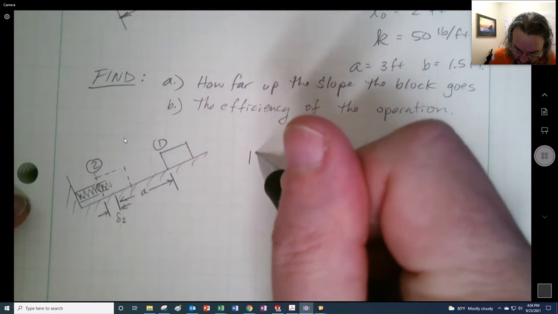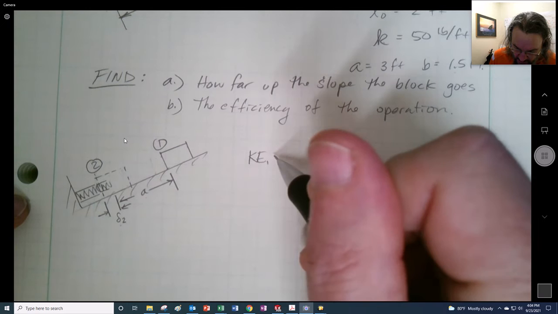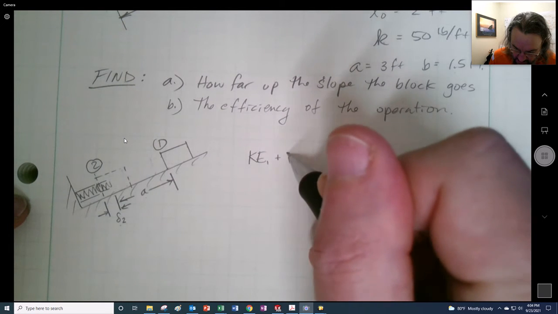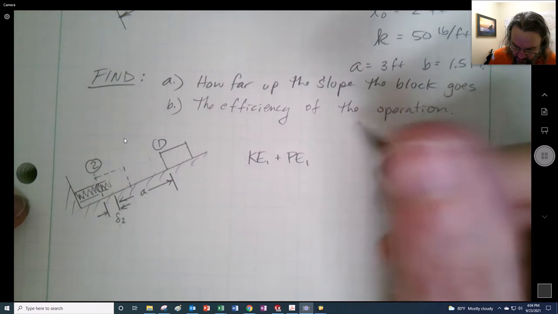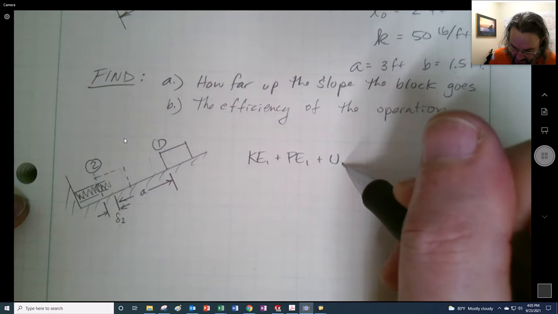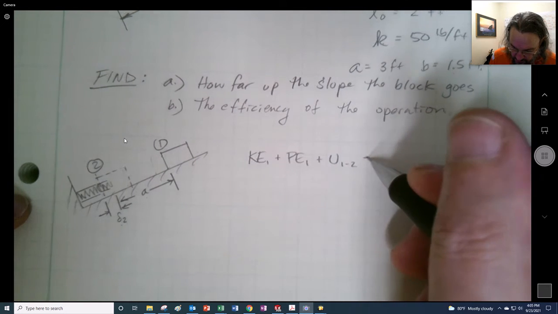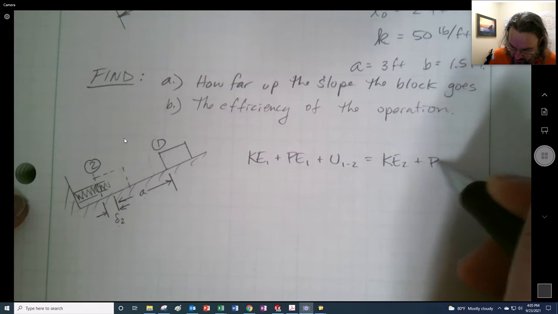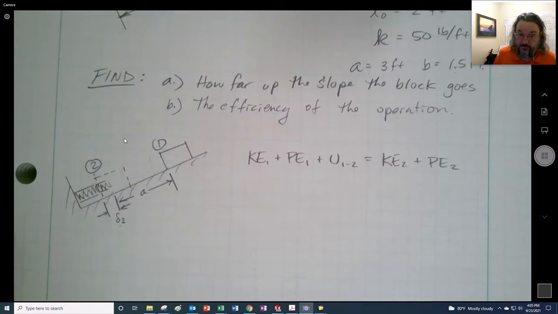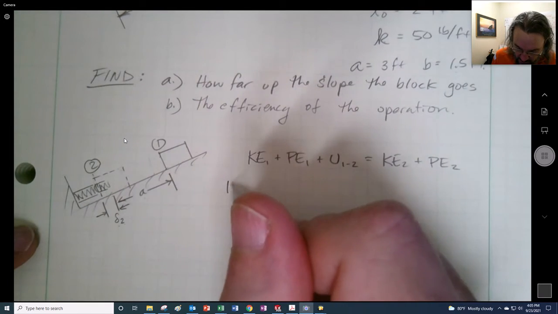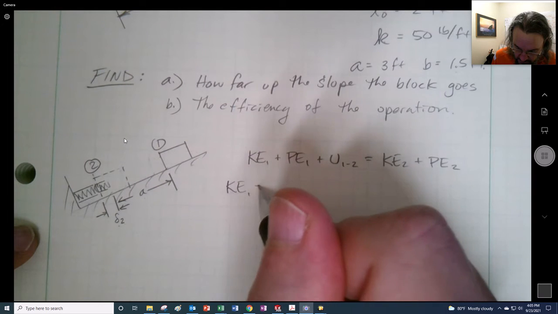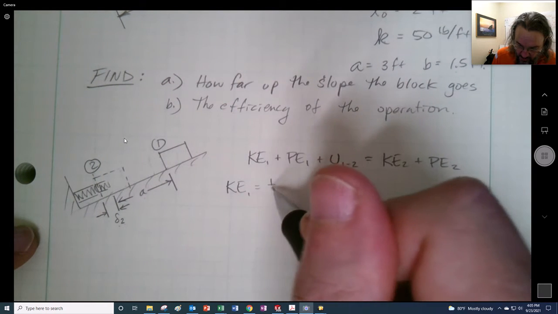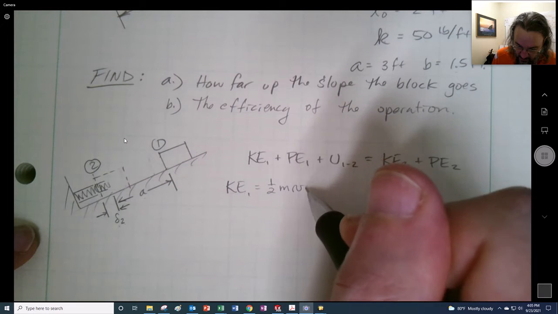Anyway. So we're going to say our main equation, KE plus PE, the kinetic energy plus the potential energy, plus external work that's going on, is KE2 plus PE2. So we'll start out with the initial kinetic energy, and it's 1/2 mv1 squared.